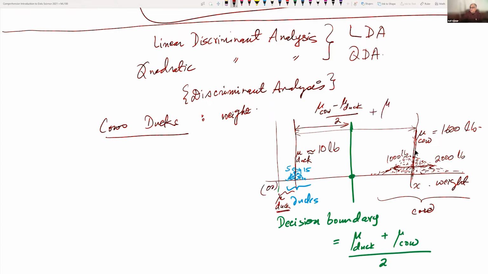So add mu duck to this, and it will become mu cow minus mu duck plus 2 mu duck over 2, which is the same as this. Are we getting it?